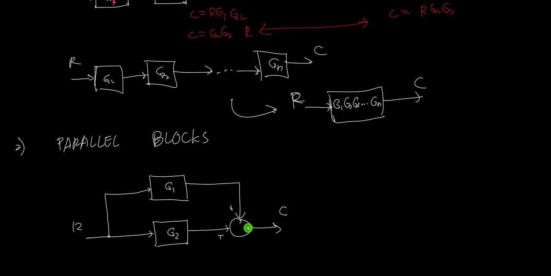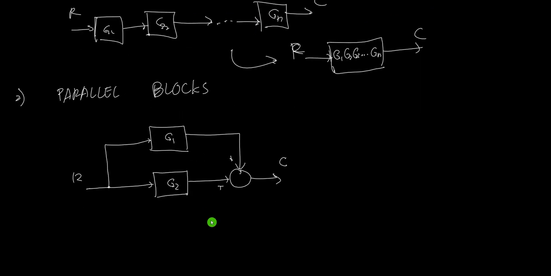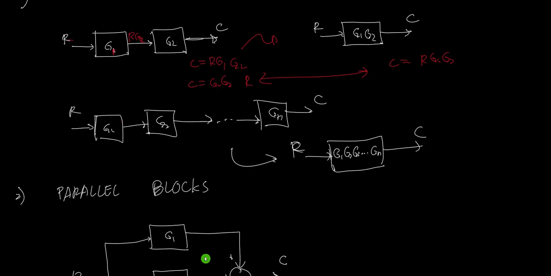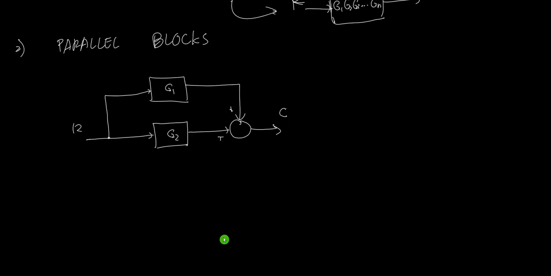It's the other way around. The summing point is at the right side. So don't use the formula G over 1 plus or minus GH here, because it's not true. It's a different formula. It's a different case.